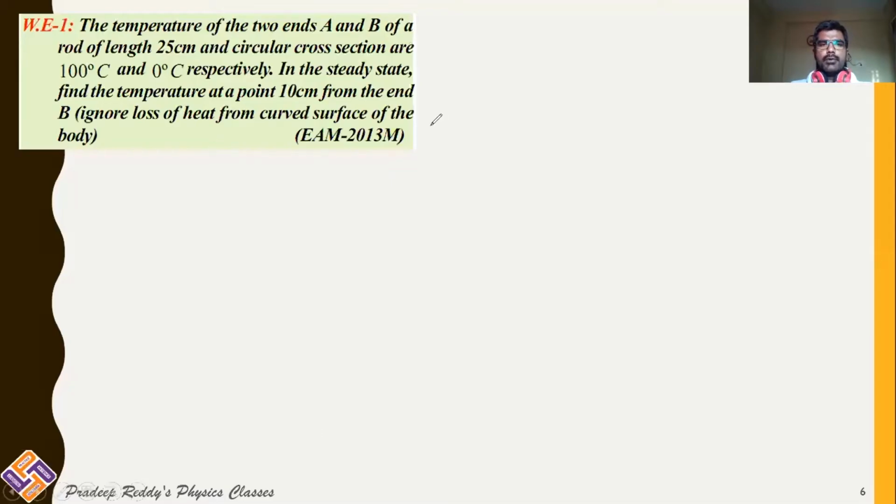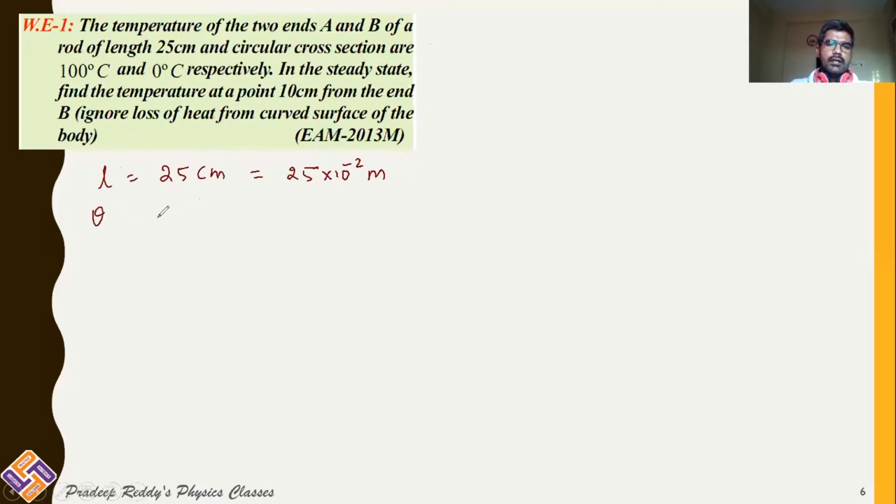Students, let us solve some problems based on the concepts which we have discussed in heat transfer. The temperatures of the two ends A and B of a rod of circular cross section, length 25 centimeter, that is 25 into 10 power minus 2 meter, are 100 degrees Celsius and 0 degrees Celsius.